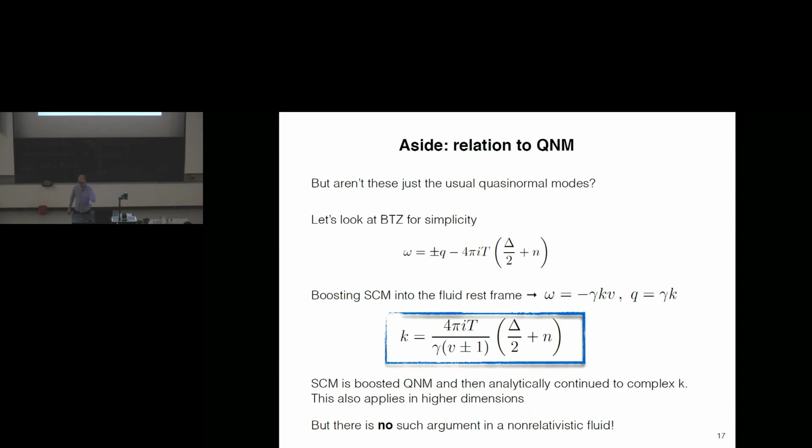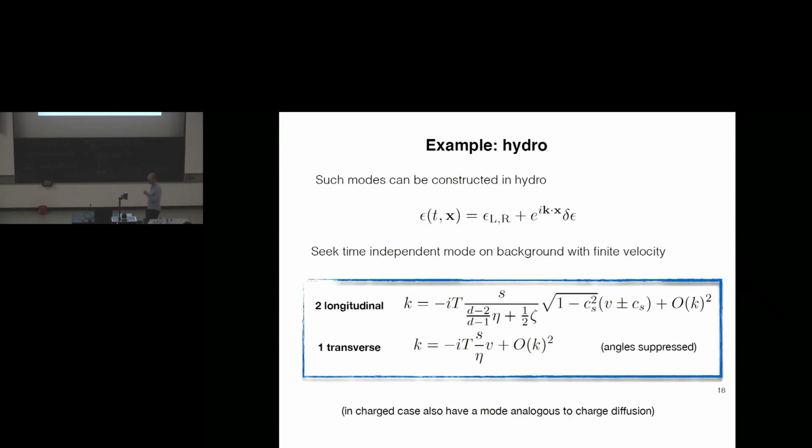But I had to complexify it, and I had to basically apply a complexified boost. That's where in a relativistic system there is some relation between them. But it also tells you that there is no such argument, for example, in a non-relativistic fluid, where those are really different phenomena, the SCM and the QNM. One reason why I went through this is that I wanted to introduce this BTZ SCM spectrum, which I'm going to use in a little bit.